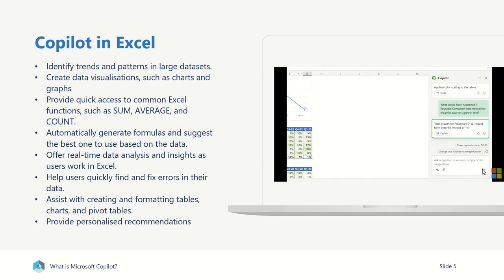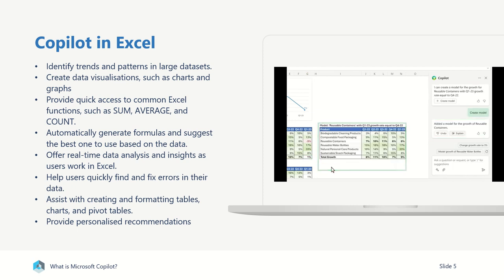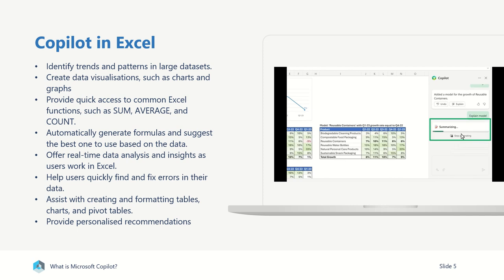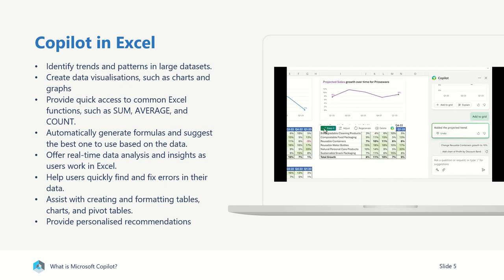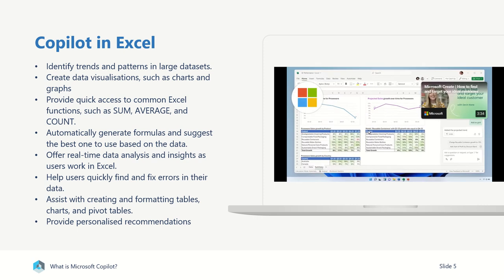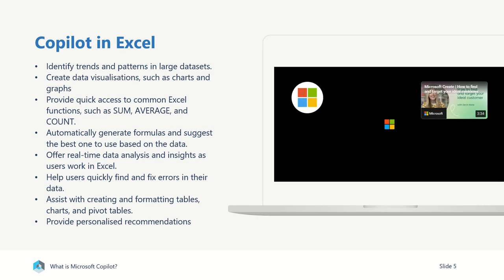You can create those visualizations, charts and graphs really simply, and it can provide quick access to common Excel functions as well, such as sum, average, and count. So if you're struggling with creating more advanced functions inside of Excel, then you can use Copilot to help streamline that process.